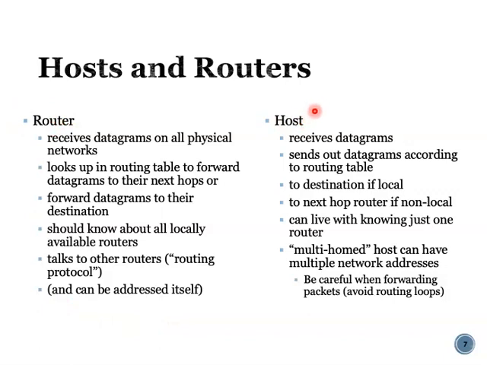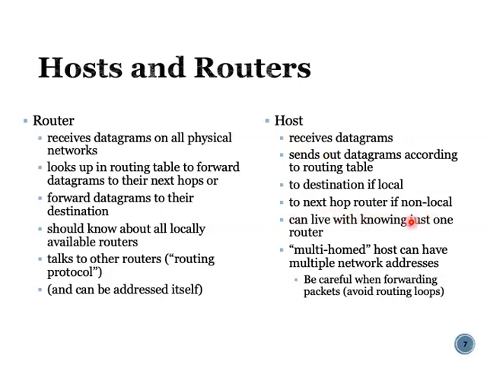For the host, the task is to receive datagrams. It can also send out datagrams according to the routing table, which is created by the routing algorithm. So the host can just send the datagram to the destination if the destination is in the same local network as the host, or it can send the datagram to the next hop router if it is non-local.